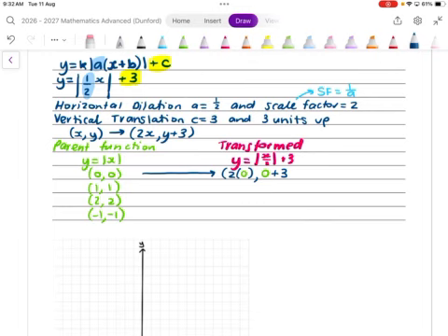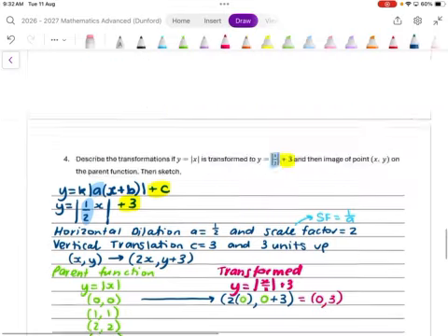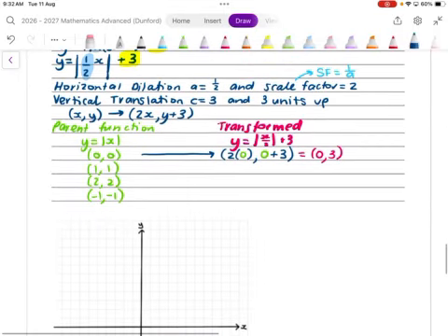That means our transformed point there will be 0, 3. Then with our next one, we have 2 lots of our 1, 1 plus 3. So that becomes 2, 4.